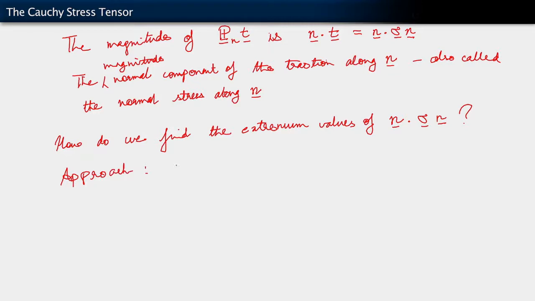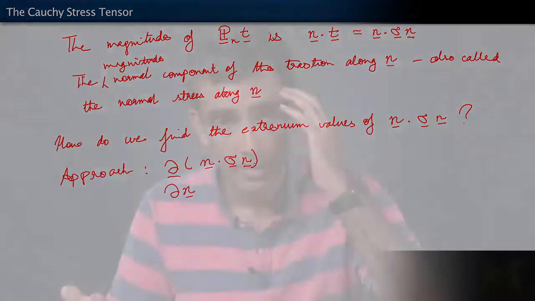We want to consider the derivative with respect to n of that quadratic product, n dot sigma n. Except that this is not quite enough, because if we just go ahead and compute this, we need to also impose the requirement that n is a direction, and that n has unit magnitude.